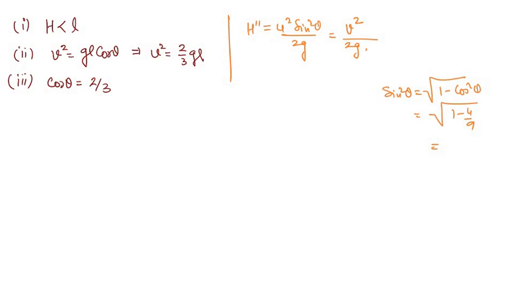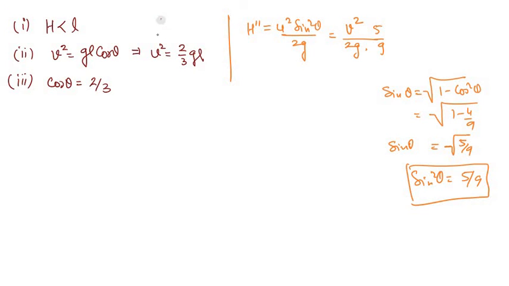Sorry, this is sine theta, not sine square theta. So you will get under root of 5 by 9. So this is sine theta, and this is sine square theta, so this is 5 by 9.